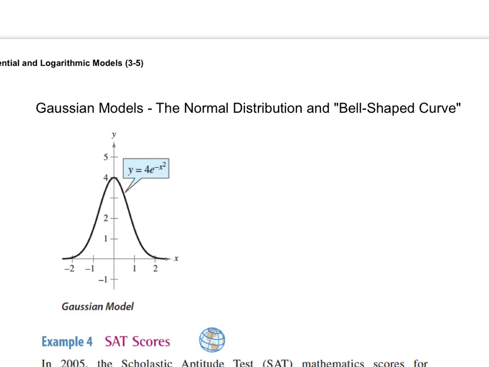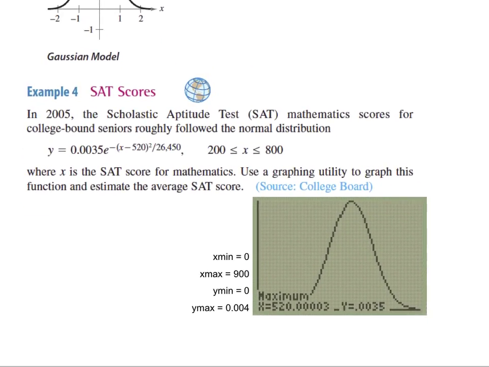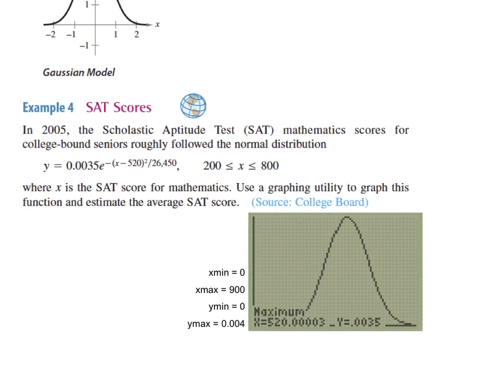Now, I say that because our example right here shows us a Gaussian model for SAT scores. In 2005, we created a model here for SAT scores, where x is the SAT score.